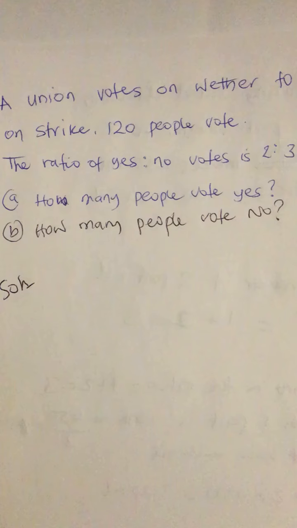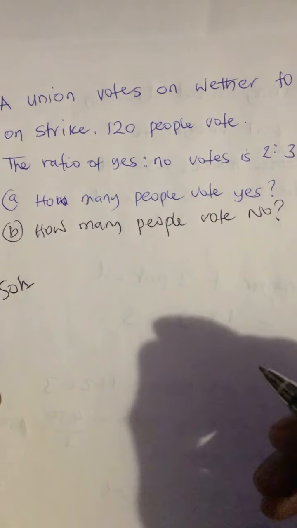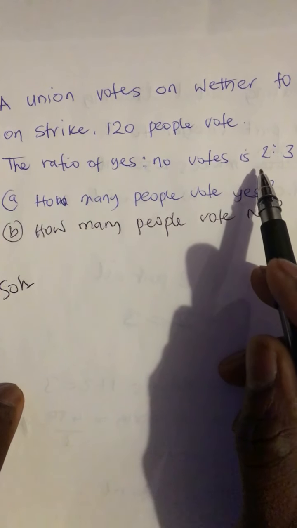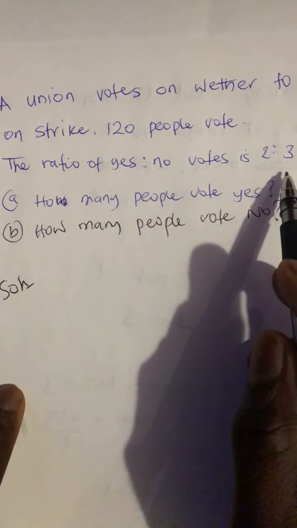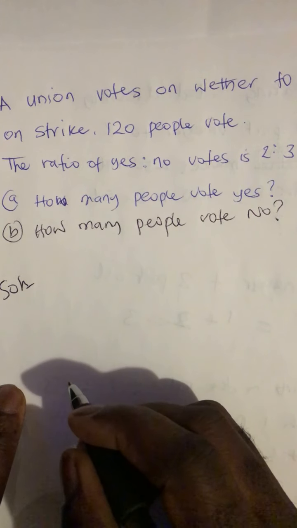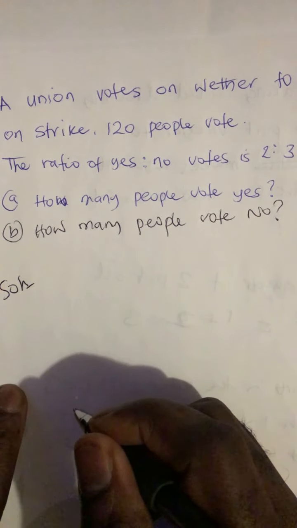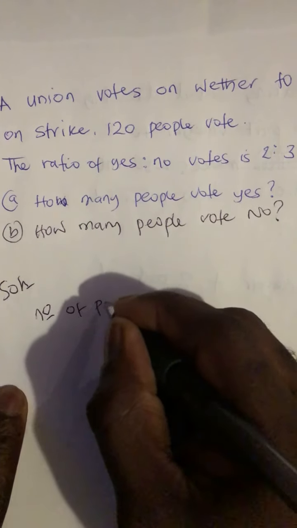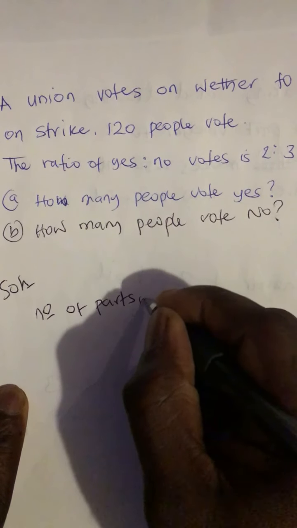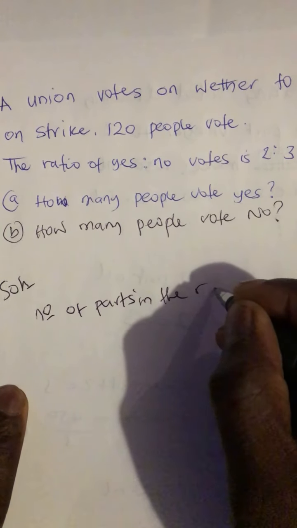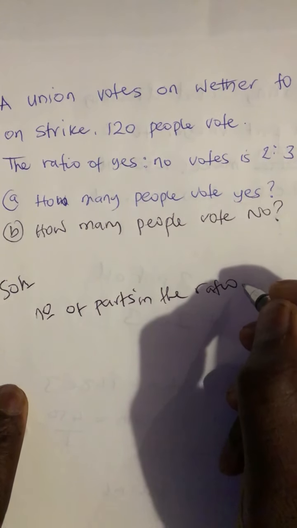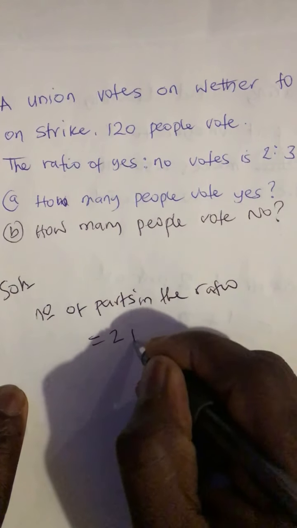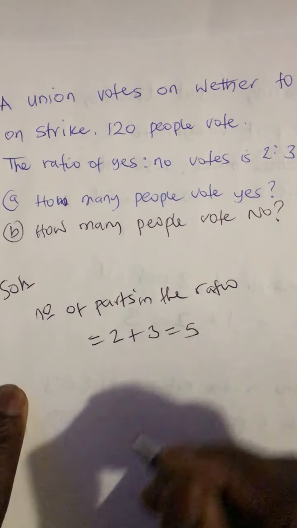In this kind of situation, what we need to do is find out the number of parts. Here we have 2 parts voted yes and 3 parts voted no. The next thing is we find the number of parts in the ratio, which is equal to 2 plus 3, which is 5.